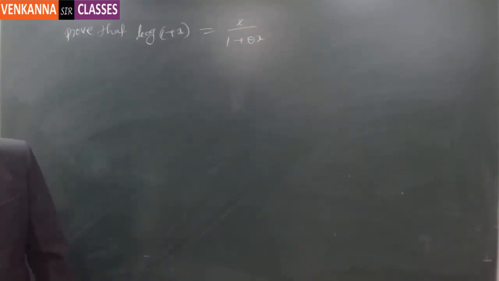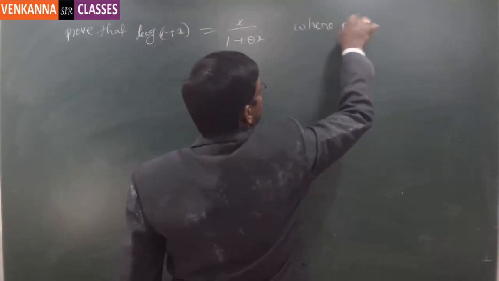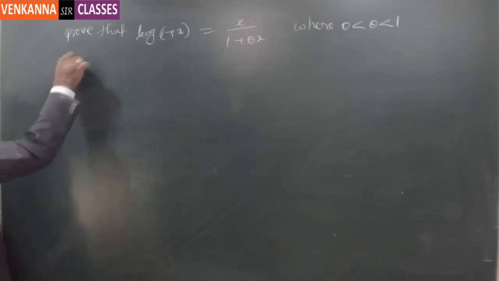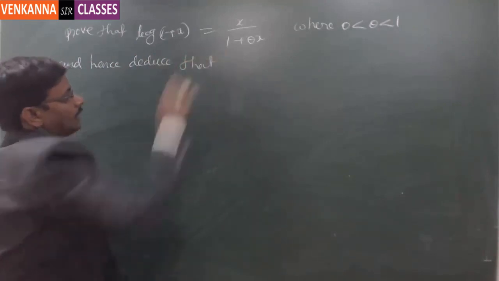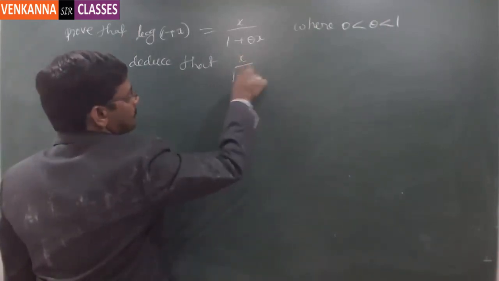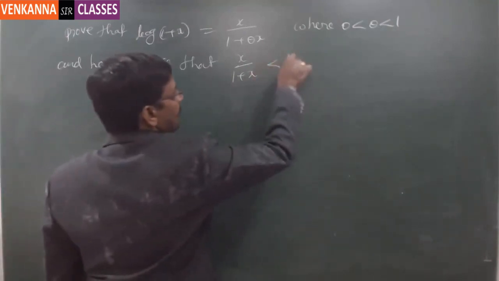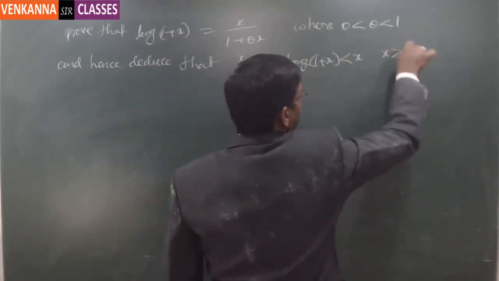Where 0 < theta < 1, and hence deduce that x by 1 plus x is less than log of 1 plus x is less than x, and x greater than 0.